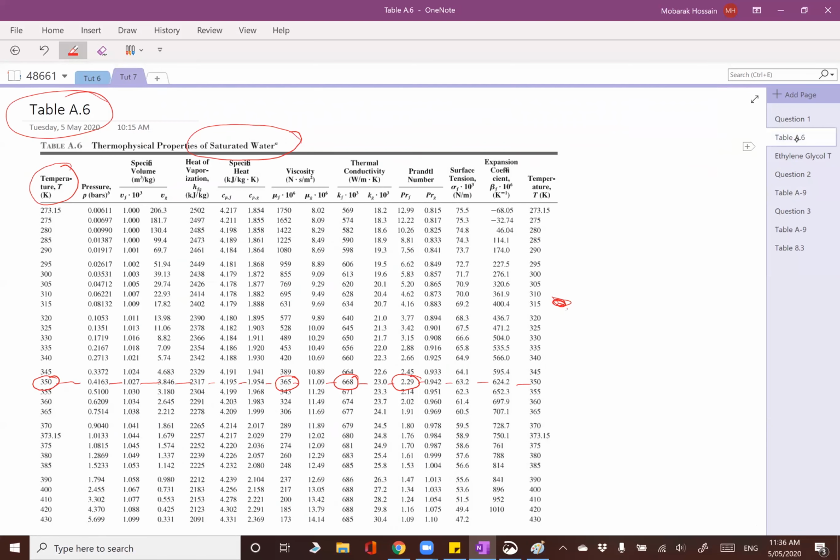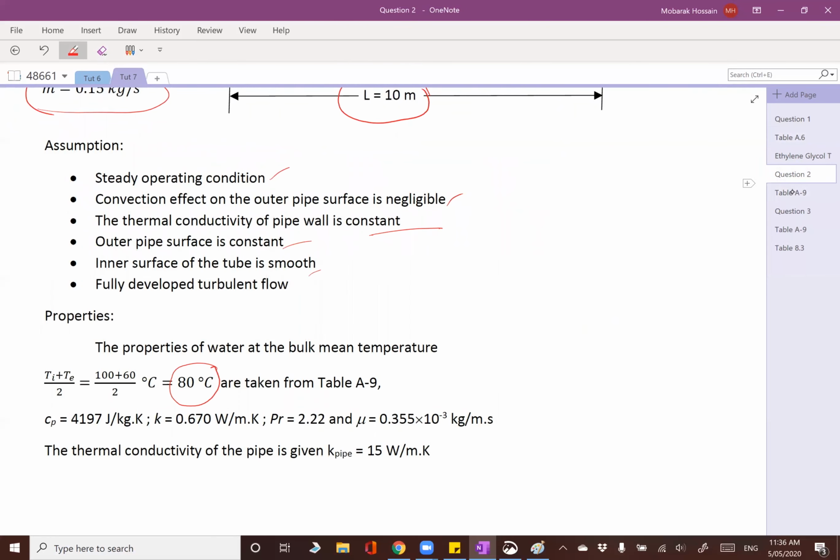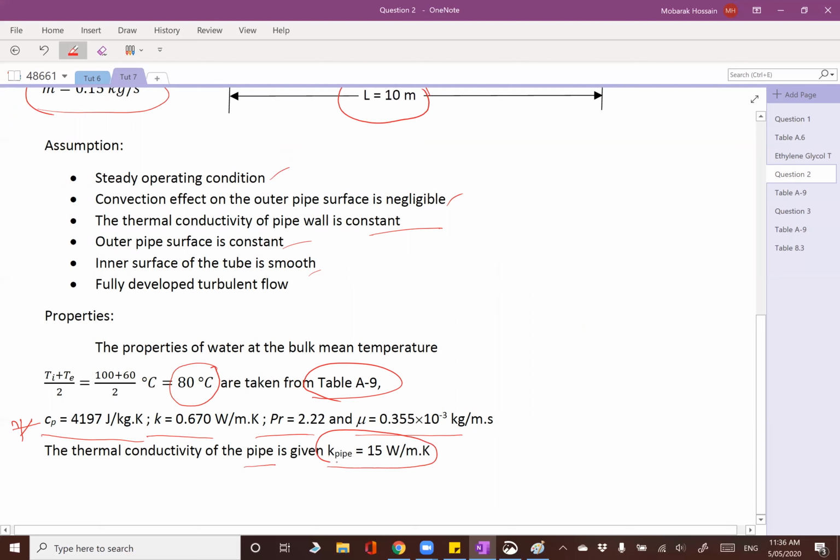You can use table A6 also, but you need to convert to Kelvin. From table A9 we collect the specific heat, thermal conductivity, Prandtl number, and the dynamic viscosity. Also, the thermal conductivity of the pipe material is given as 15 watt per meter Kelvin.